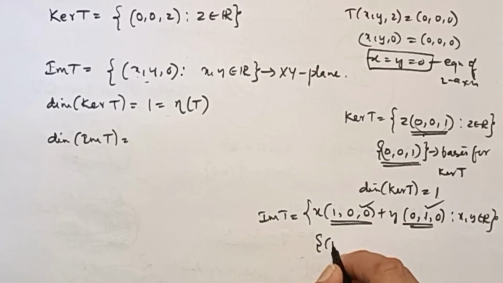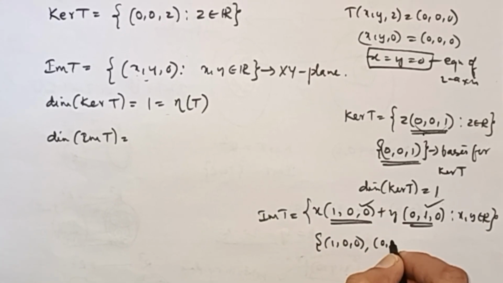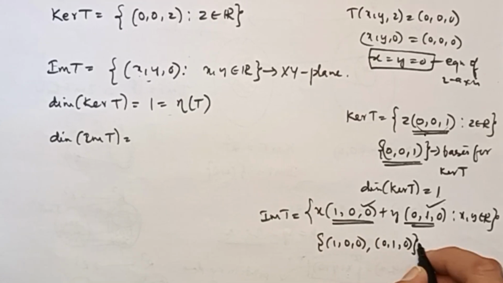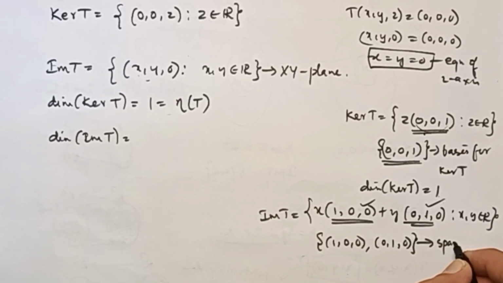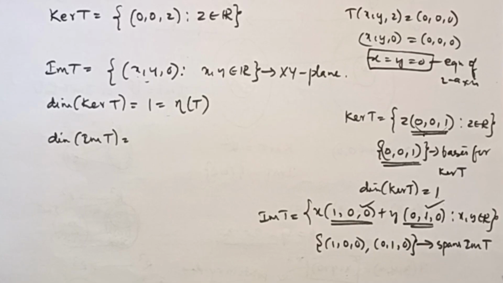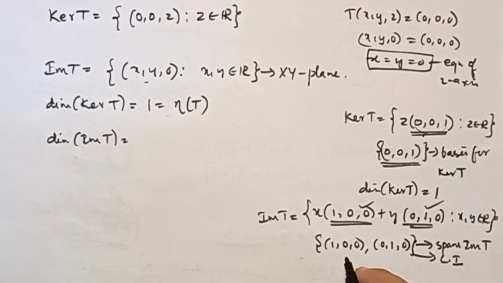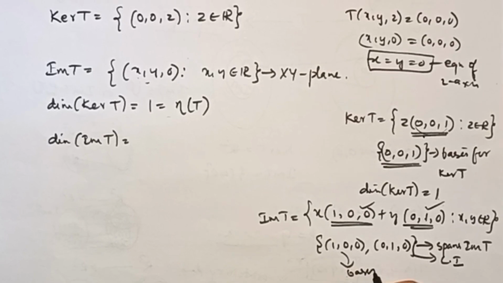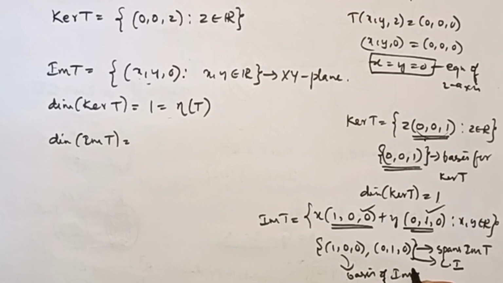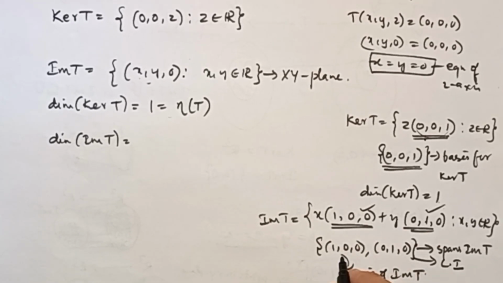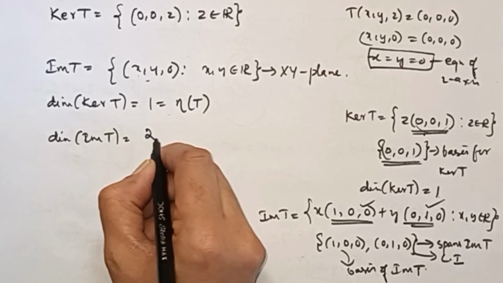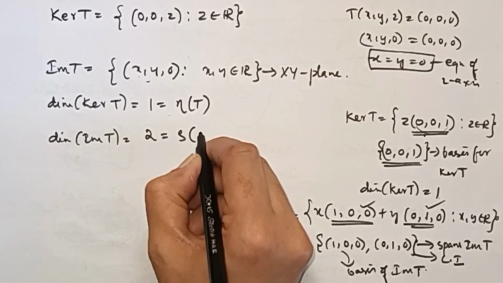Therefore 1 0 0 and 0 1 0, this set spans image of T, and it is linearly independent. Therefore this is a basis of image of T, and the number of elements in the basis is 2. Therefore dimension of image of T equal to 2, that is rank of T.